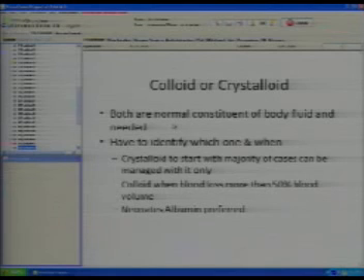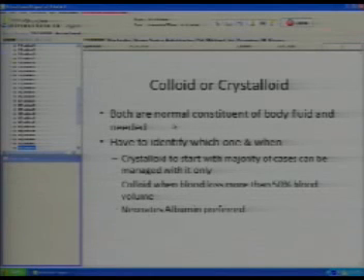There's a big controversy you must have read or heard and studied about, crystalloid and colloid. Should you give crystalloid or should you give colloid? This controversy is unnecessary because colloid as well as crystalloid are normal constituents of body fluid, and they are both needed.